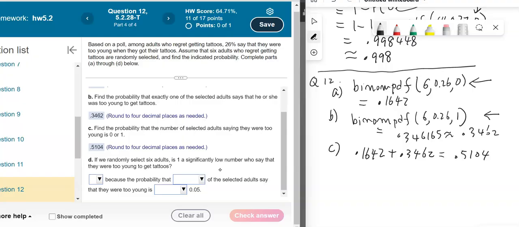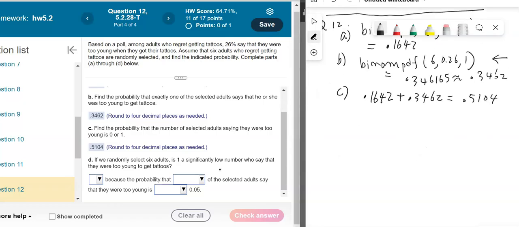Now, if you randomly select 6 results, is one significantly low? So significantly low means binomCDF of 6, 0.261, 1.